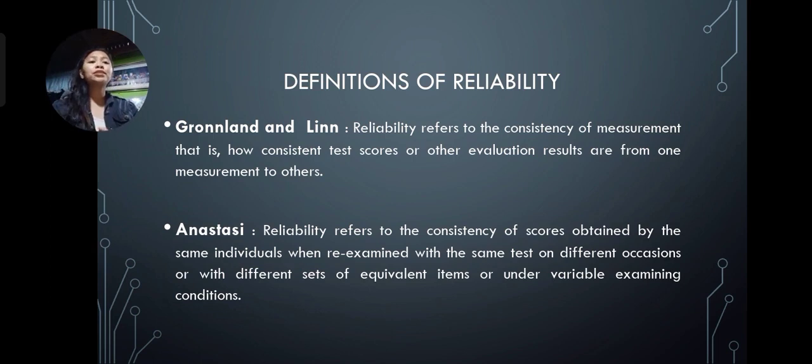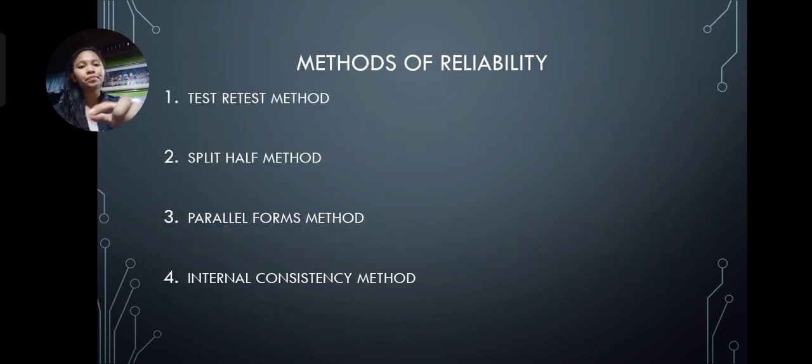This refers to the consistency of scores obtained by the same individuals when re-examined with the same test on different occasions, or with different sets of equivalent items, or under variable examining conditions. So we have here the four methods of reliability. The first one is the test-retest method. Second, split-half method. Third, parallel forms method. The last one is the internal consistency method.